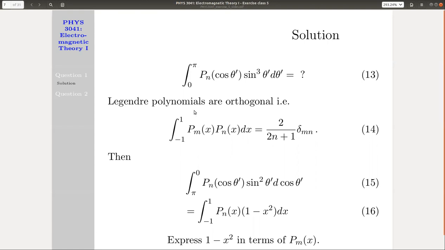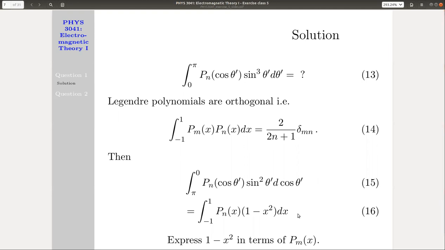The bounds were from 0 to pi, and after absorbing that minus sign, the bounds will be from pi to 0. And because sine squared theta prime is just 1 minus cosine squared theta prime, after substituting the cosine theta prime with x, we have the expression here.